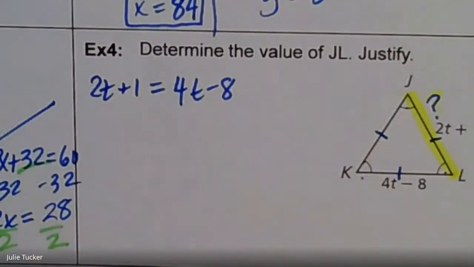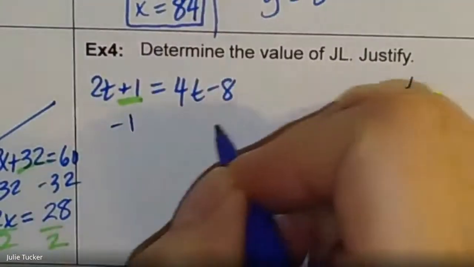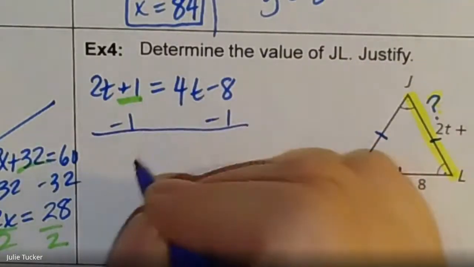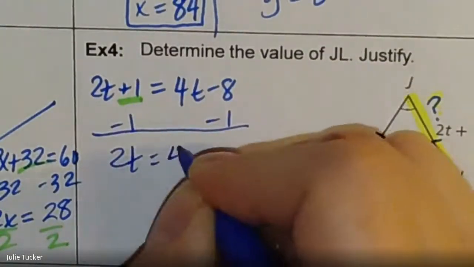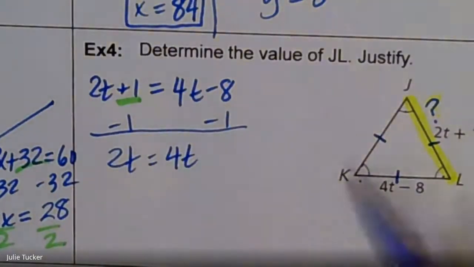Okay, so let's work that. What would you like me to eliminate? Okay, so minus 1. 2t equals 4t. What's negative 8 minus 1? Negative 9.